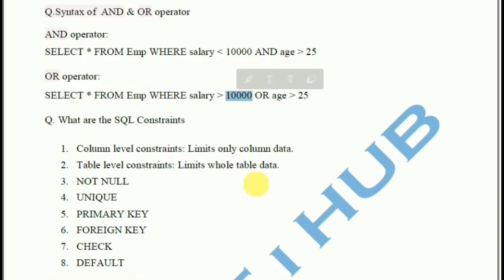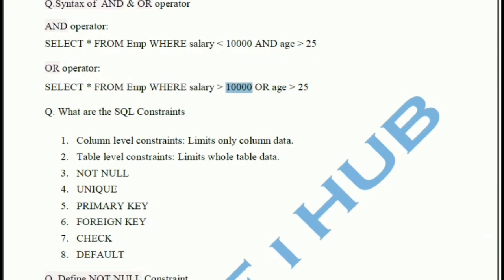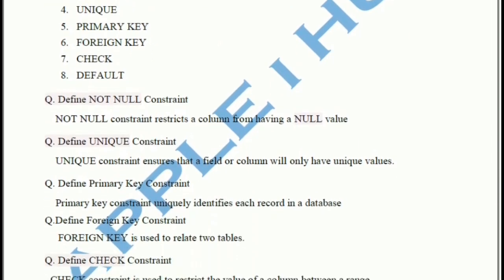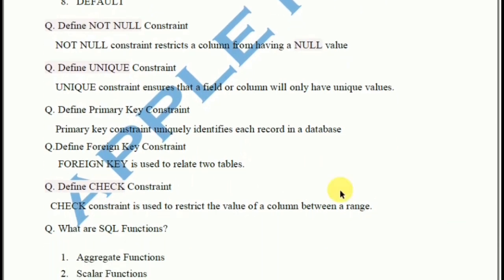Next, very important question: SQL constraints. These are the column and table constraints: not null, unique, primary key, foreign key, check and default, right? The not null constraint restricts a column from having a null value.